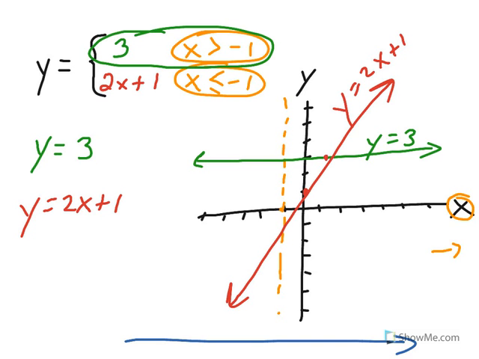That means my green function can only exist for numbers bigger than -1 on the x-axis, so it can't exist over here. Now, likewise, my red function can only exist for numbers less than -1, which would be on this side of the boundary.